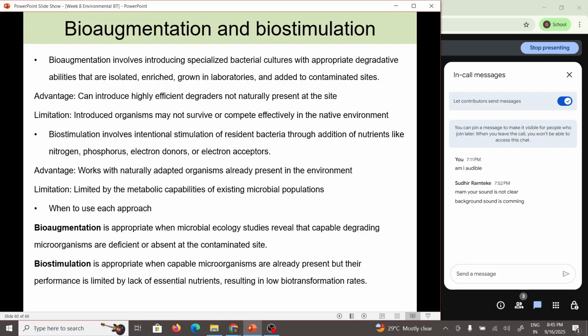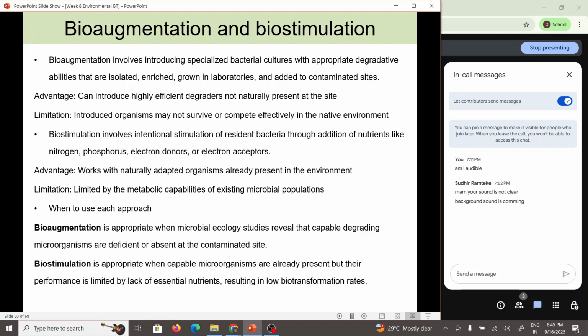Let's say we have a site which has antibiotics and we have to remediate that particular site, but we have a microbial community or inoculum in which 50% of organisms are able to degrade the antibiotic, and the remaining 50% are not able to degrade it. So this will essentially slow down the degradation process.